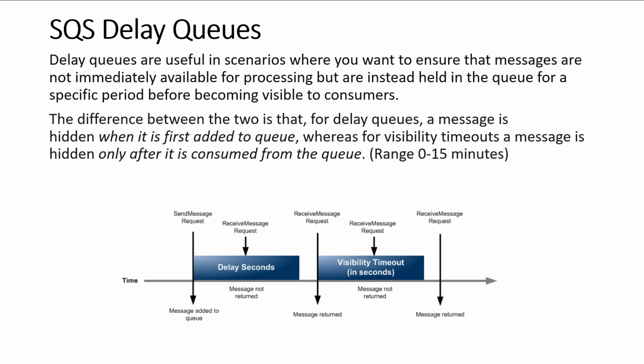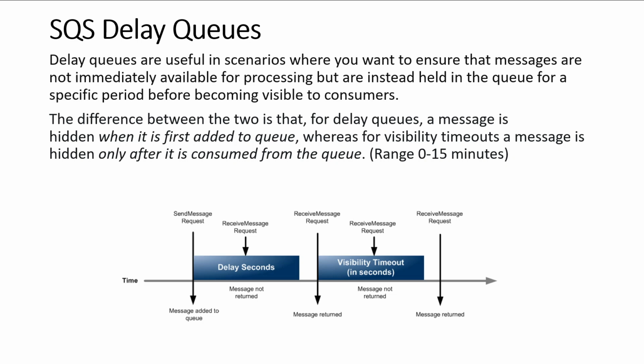Now, if you take a closer look at this diagram, it can help you understand the SQS delay queues concept in more detail. This diagram clearly illustrates the concept. You can see that the time is plotted on the x-axis. Whenever the message gets put on the queue for the very first time, the delay queue timer starts.